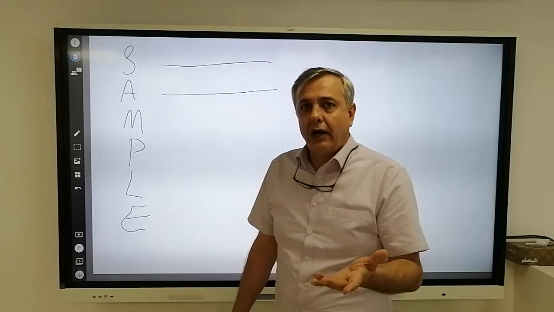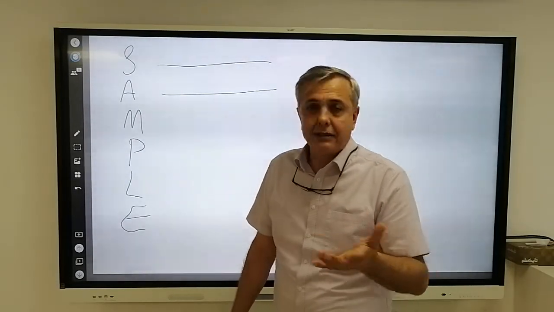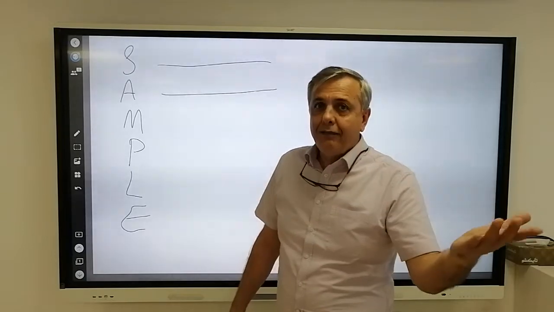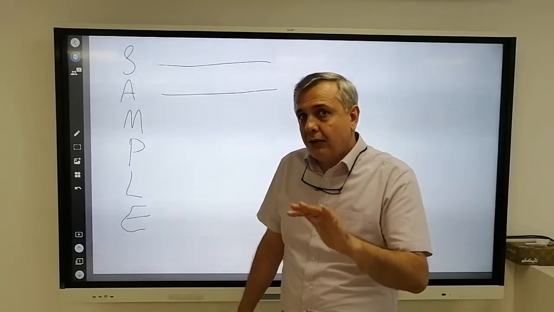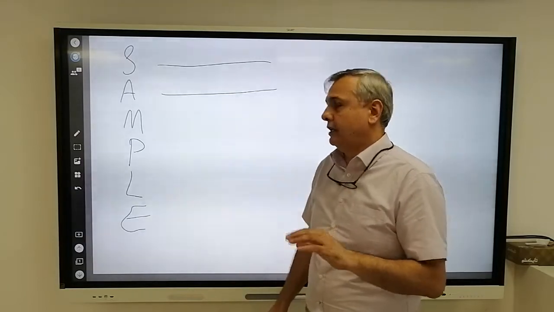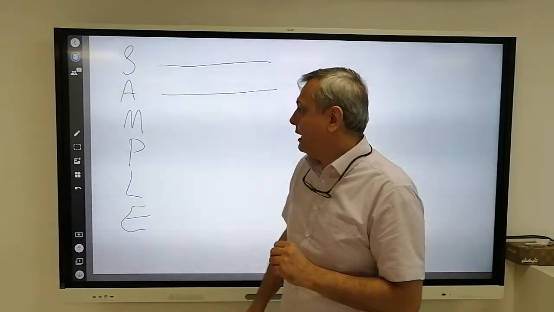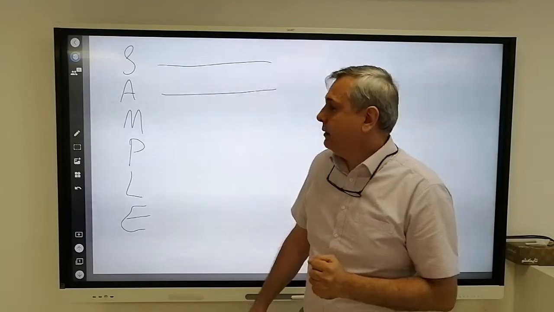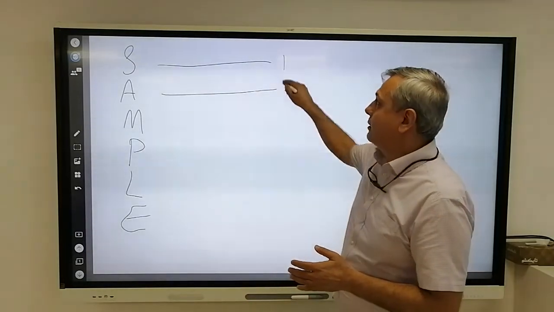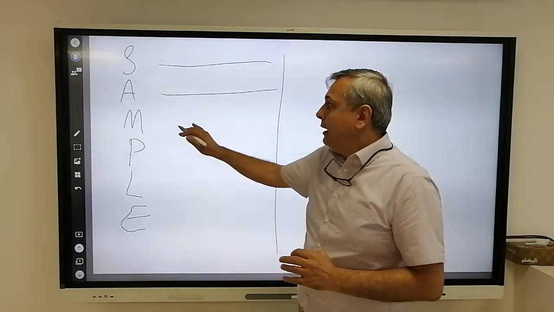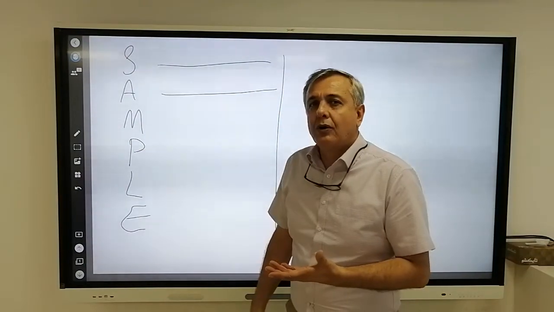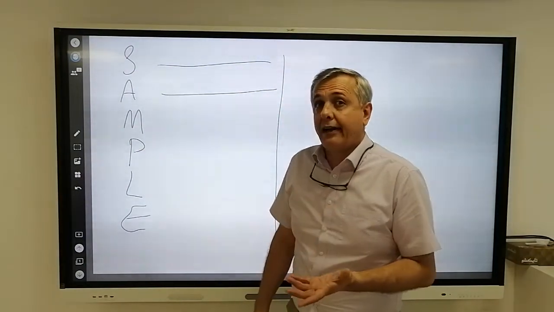All the parents are trying to give you the correct information, but sometimes they give too much information and sometimes miss information, intentionally or unintentionally. We have to be clever and we have to know what we want. So after completing the history part, probably you reach your final diagnosis.